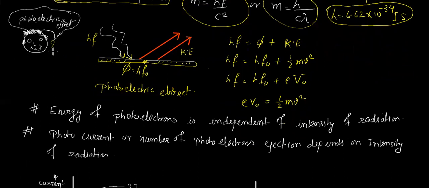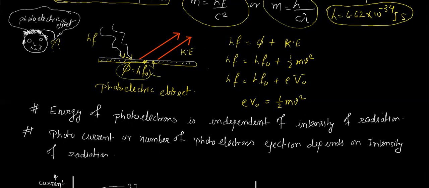Now we are going to discuss particularly the photoelectric effect. What is the photoelectric effect? If radiation of suitable frequency or energy strikes a substance, then a part of the energy is utilized to pull the electron off its surface, and this part is known as the threshold energy.